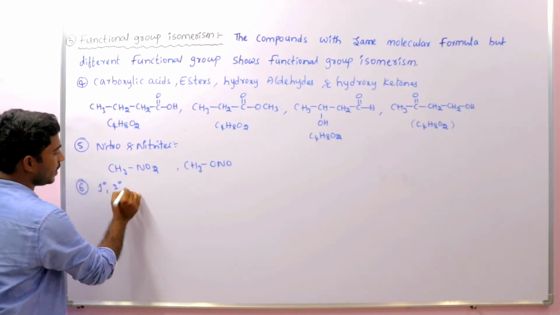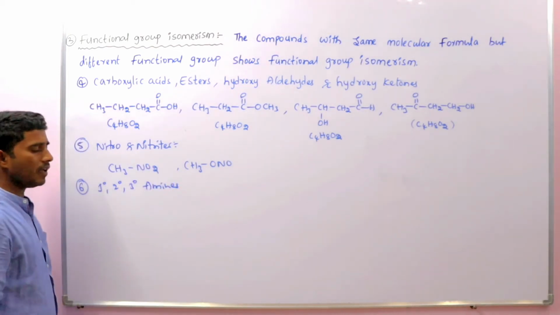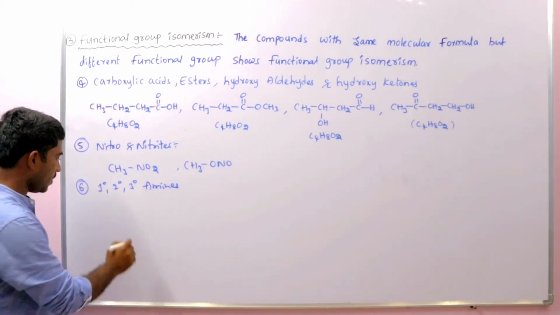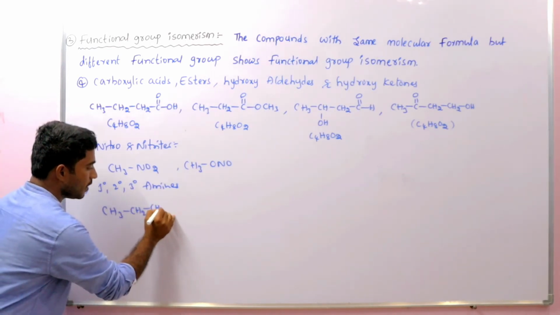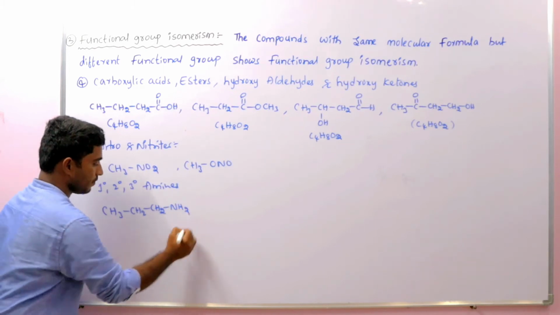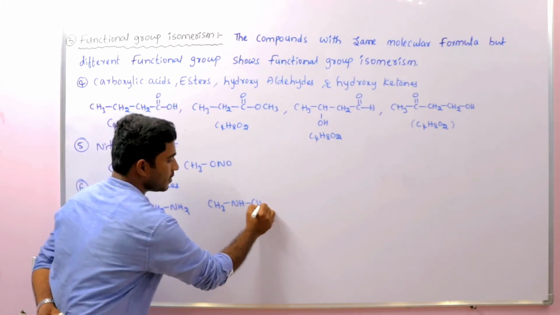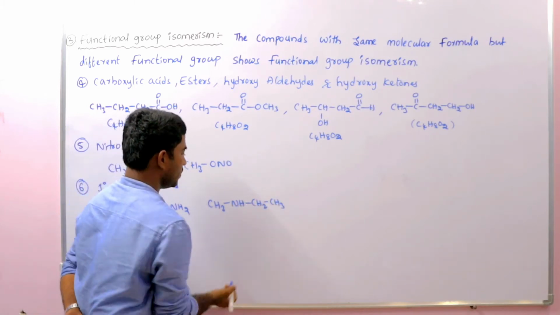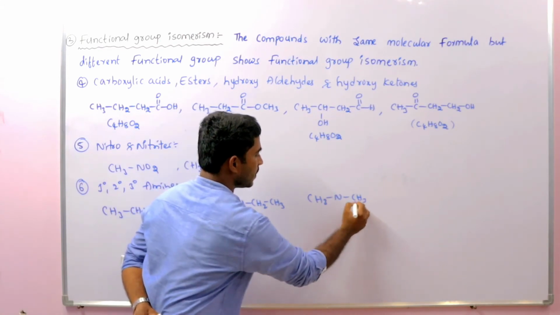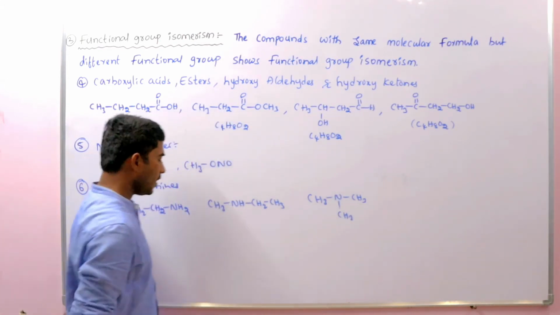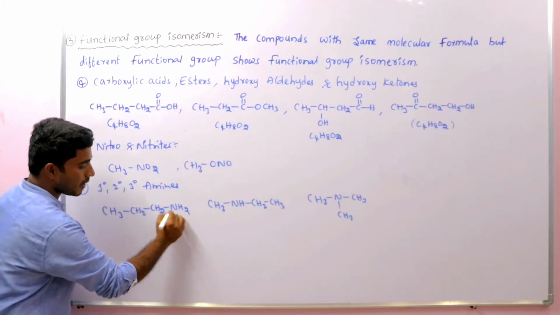Primary, secondary and tertiary amines. For example, CH3CH2CH2NH2, CH3NHCH2CH3, and CH3N(CH3)CH3. In the first case, nitrogen is bonded to only one carbon, that's why it is said to be primary.